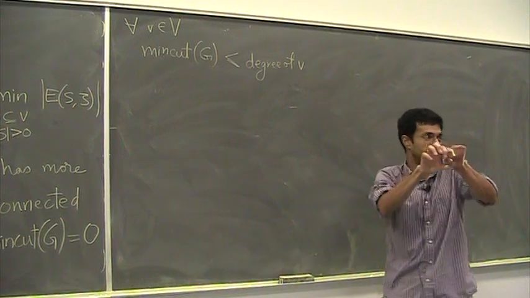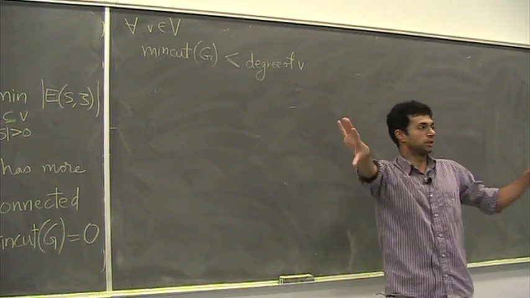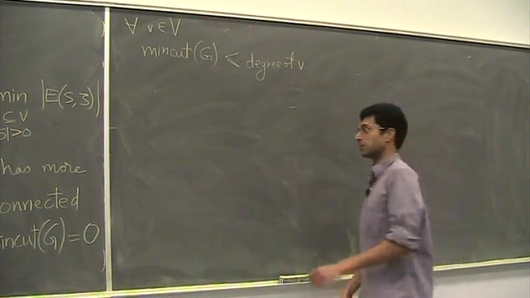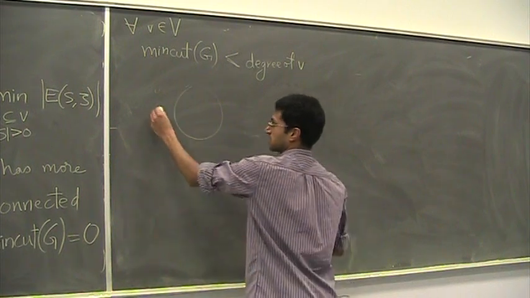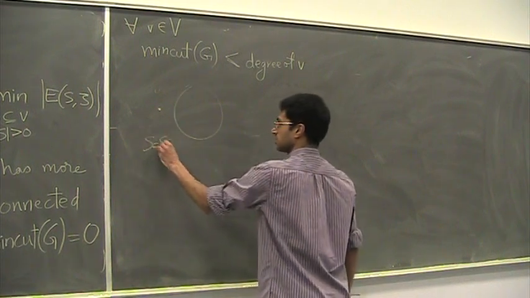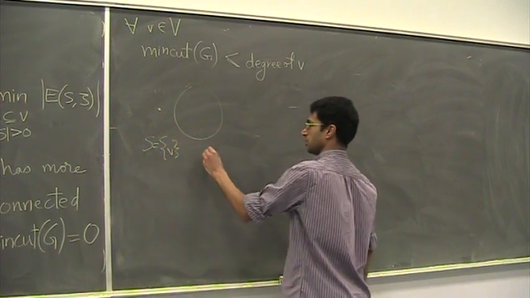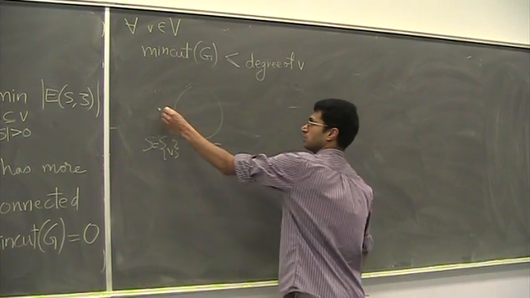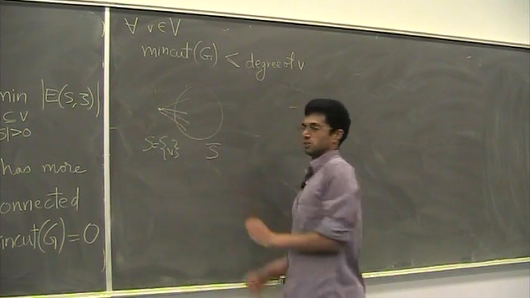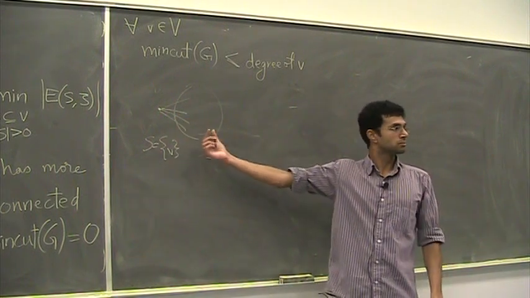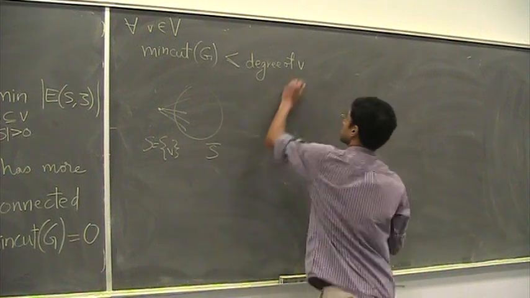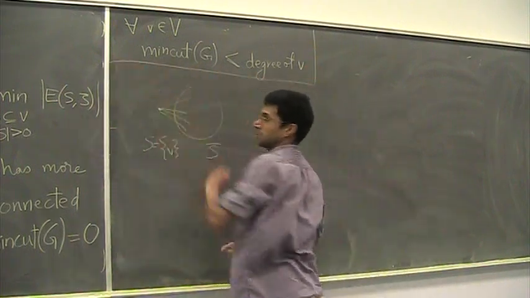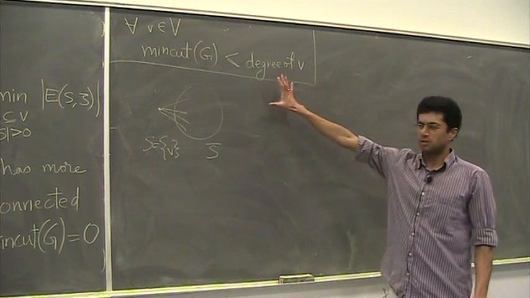One of the cuts is simply to take one vertex out and keep everything else; the cut value is the degree. If you take any one vertex and make that S, with the rest being S complement, then the cut value is just the degree. Is this clear?